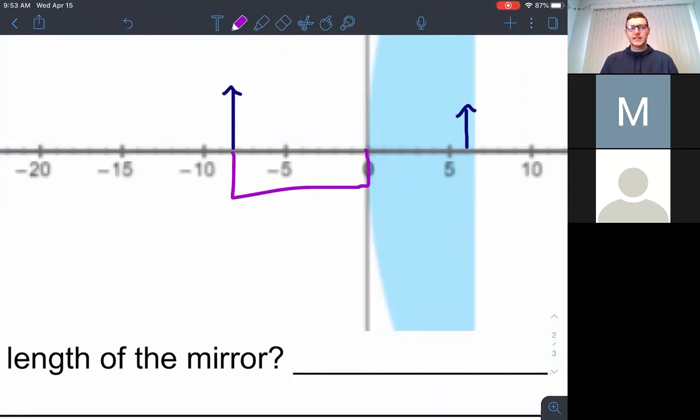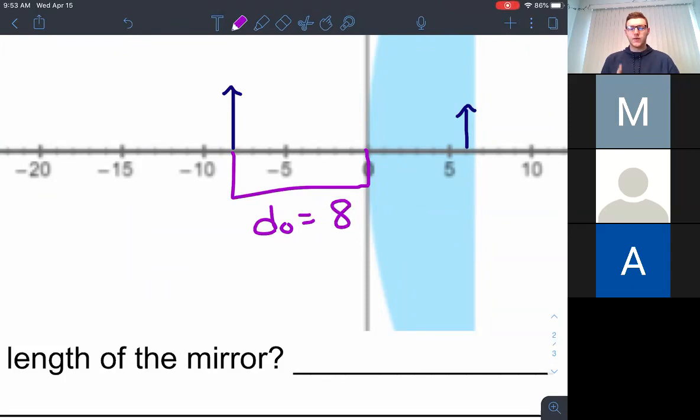So what is this distance? 8. Perfect. Except for one thing: this time we're going to use that negative, because it's in the negative area. So we're going to include that negative symbol. So -8 right here for our DO.